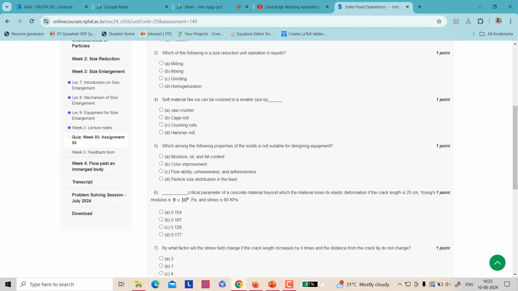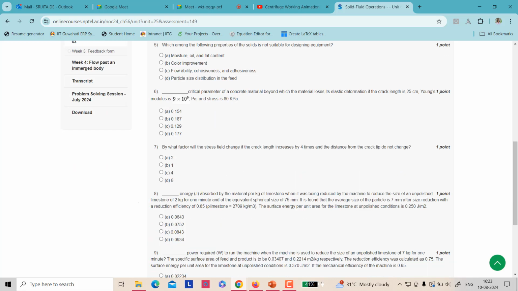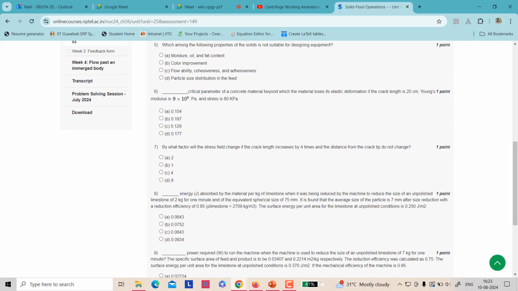I think color, I don't know, but my instinct is color improvement. Okay, maybe you might be right. Next, length is critical of a concrete. This answer is 0.177. Yeah, if it is coming, then it is fine.